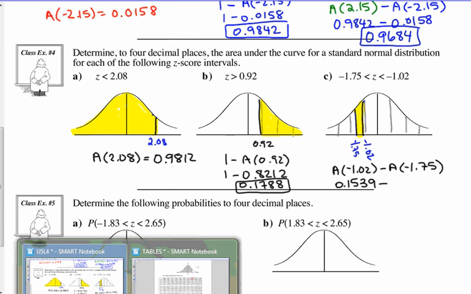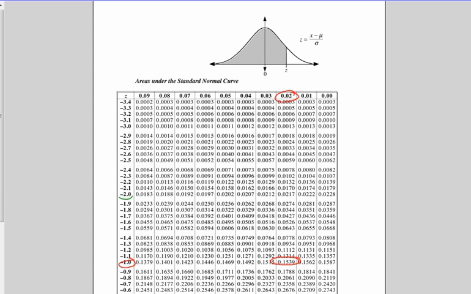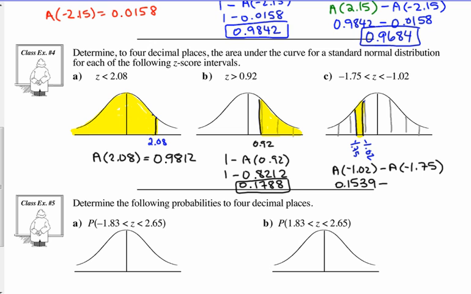So now for negative 1.75, so negative 1.7 and then 5. It's right here, 0.0401, and now we're going to subtract the two.